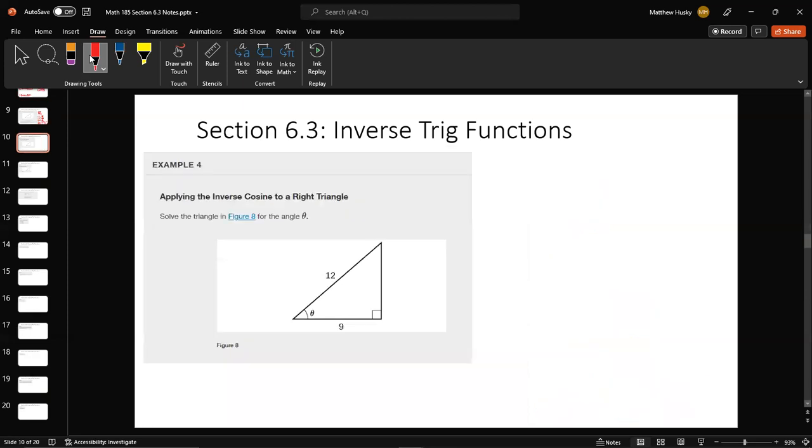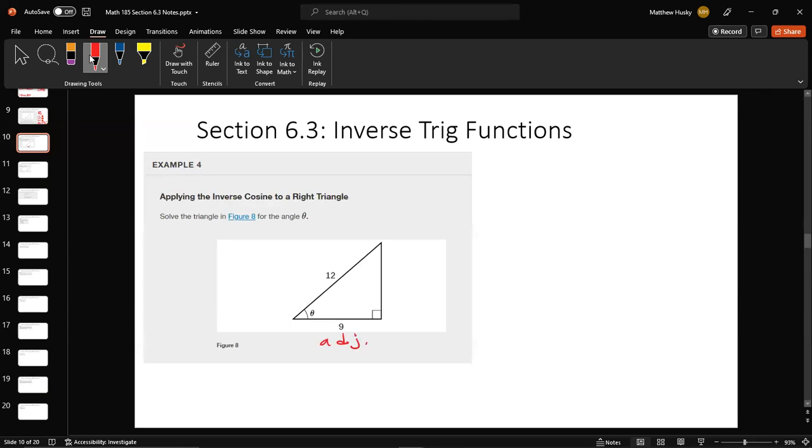So let's see this in action here, shall we? So here's a triangle. There it is, in all its glory. We have an angle theta. They want us to find angle theta. If we look at this triangle, what we will notice, 9 down here, this would be the adjacent side of the triangle.